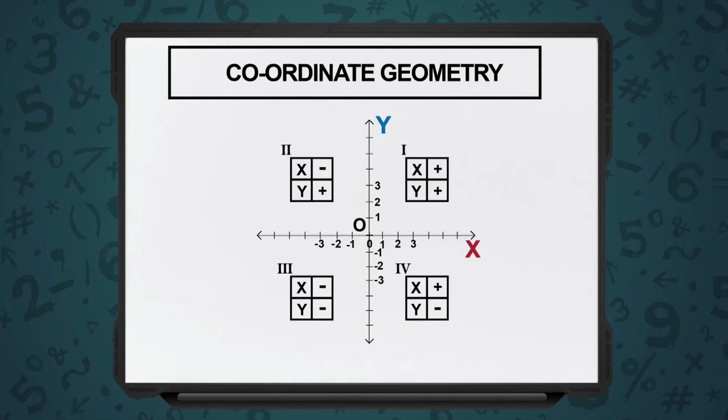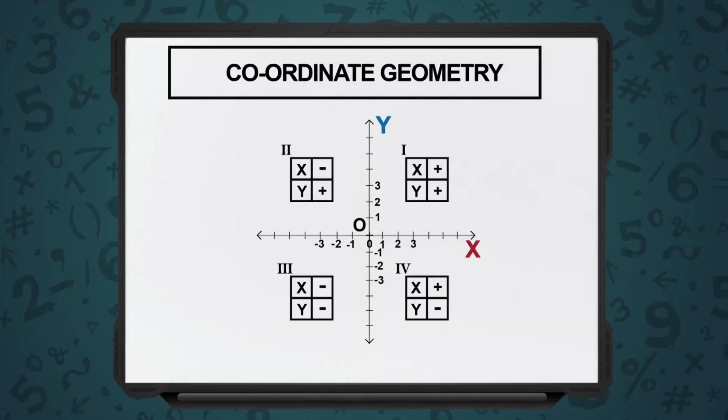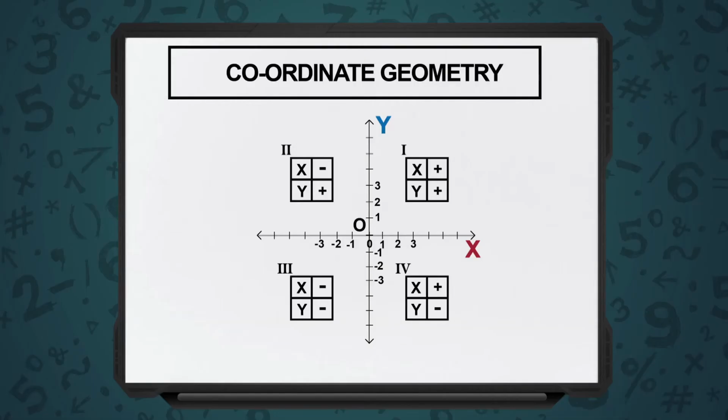Then we have the second quadrant. The x is to the left of O, the y is above O, which means in the second quadrant, x values are negative and y values are positive. Then we come to the third quadrant. In the third quadrant, you are moving to the left of O and going below O as far as the y-axis is concerned.